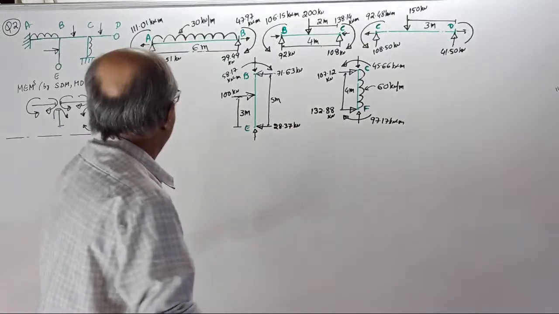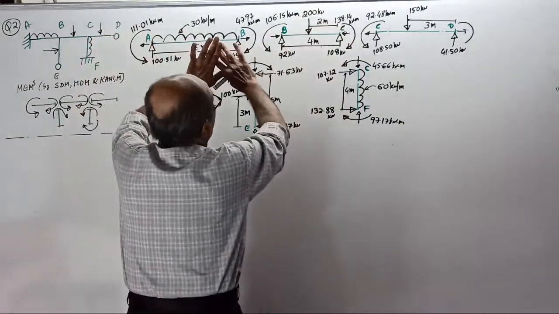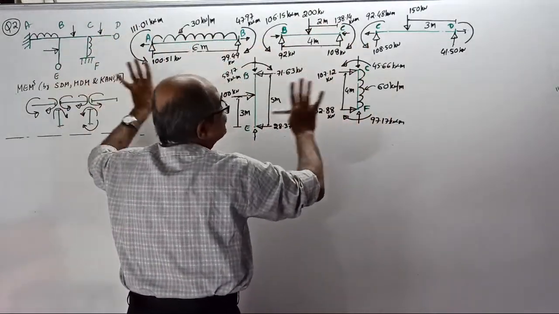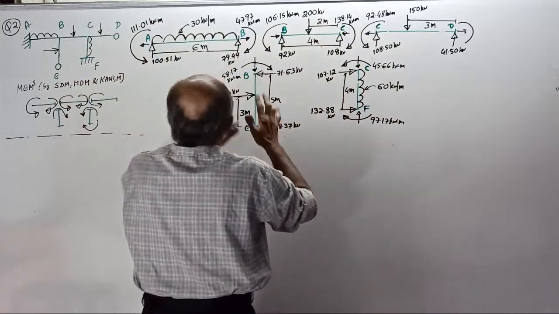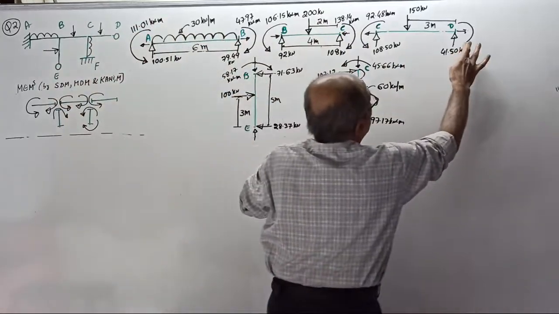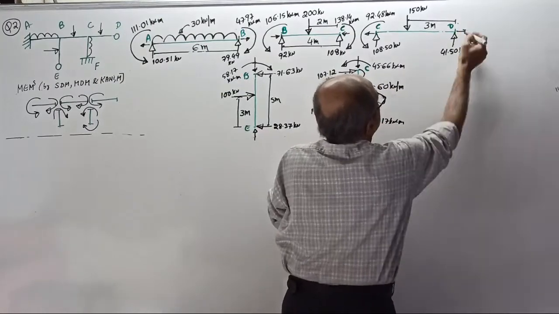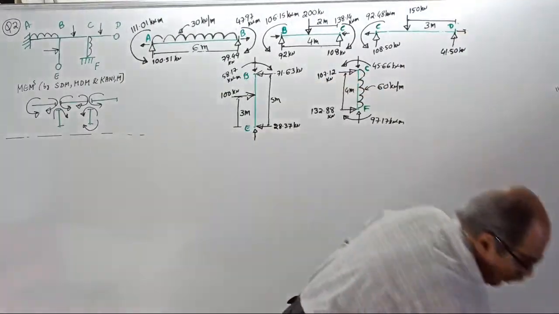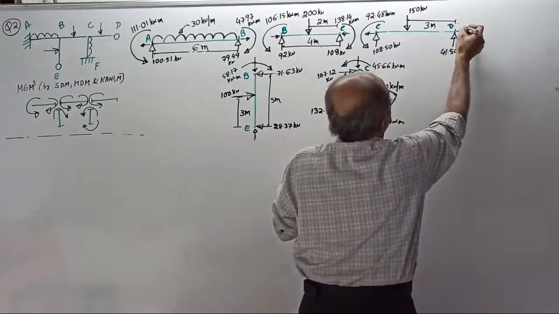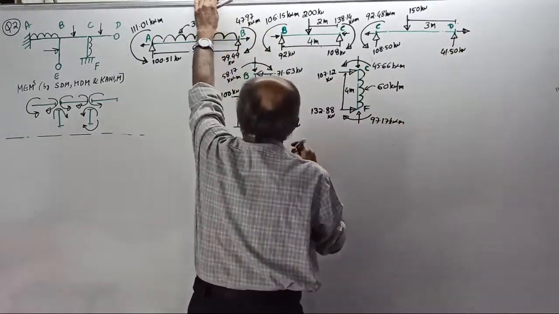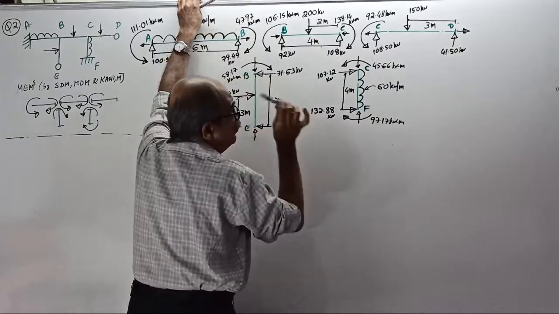Okay, now these are the free body diagrams for all the members. Correct? Remember now? See, this moment is not there. That moment is 0. I told you yesterday only. Because anyway you see the solution, even this moment also 0.